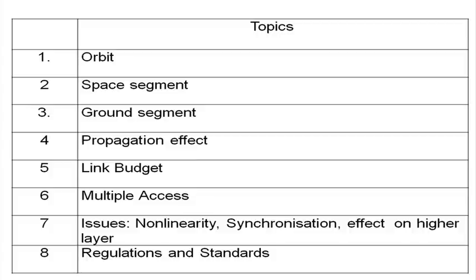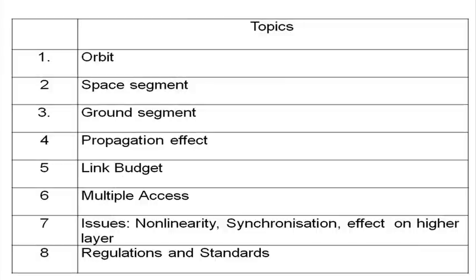The link budget is very important. I may advance the link budget a little early, and link budget is how much power you should transmit from the satellite as well as from the ground based on your signal to noise criteria.